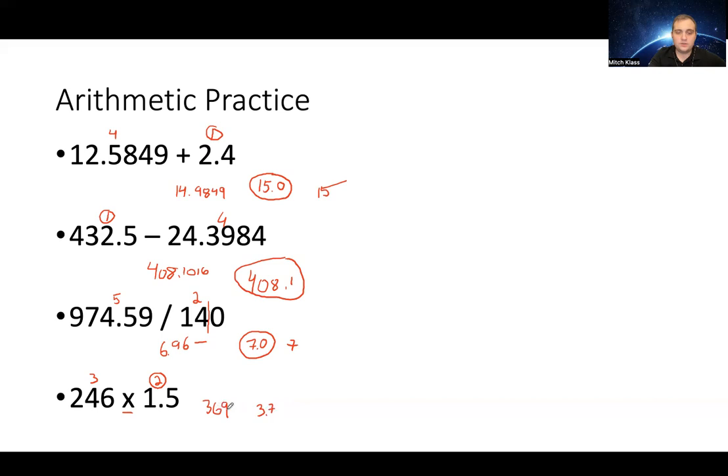The 9 carries over into the 6, turning it into 370 technically. But we're going to turn this into scientific notation: 3.7 times 10 to the second. Now this is just much easier because you don't really have to think about significant digits that much to determine how many significant digits you're using.